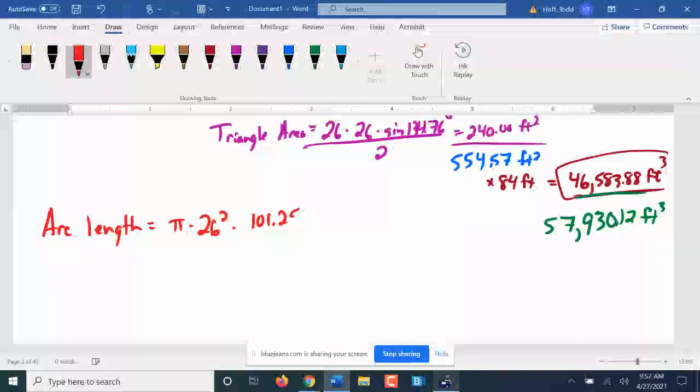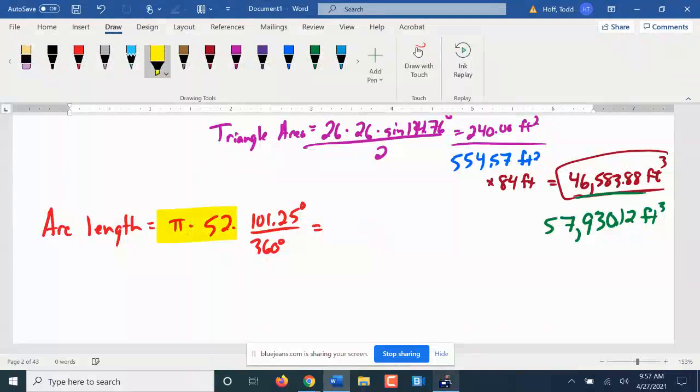So it's pi times our radius squared, the 26 still, times that angle of 101.25 degrees over 360 degrees. Oops, it's not going to be 26 squared, so it'll be 52. We're not looking at a sector area, we're looking at an arc length, so it's the circumference of the circle, which is pi times the diameter.